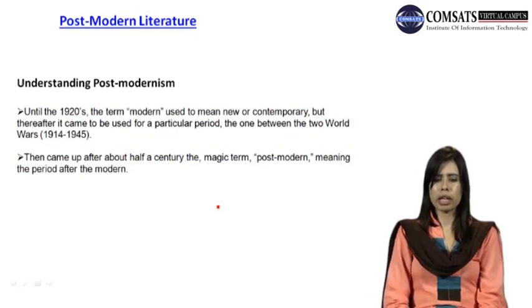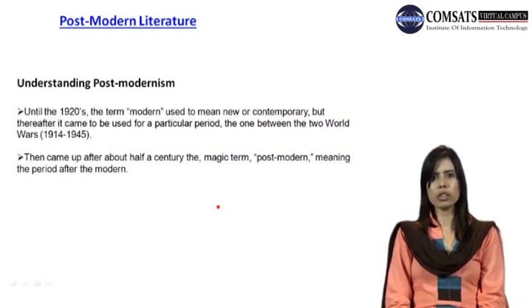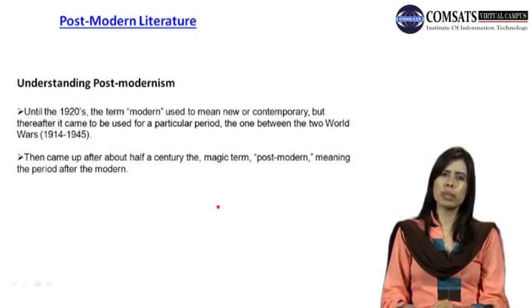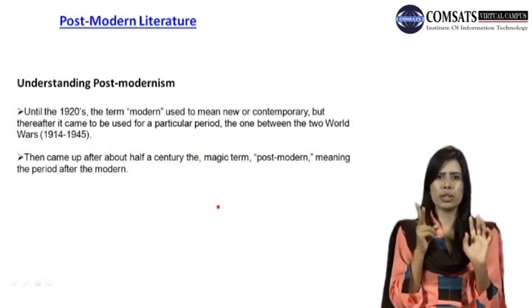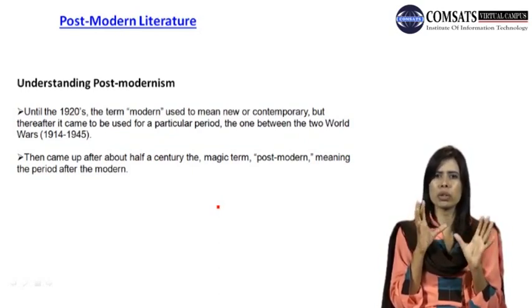Then, after about half a century, came the magic term postmodernism, meaning the period after the modern. Post means after. So the period after the two world wars is known as the postmodern.